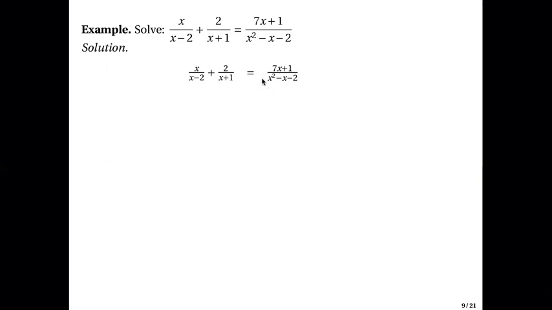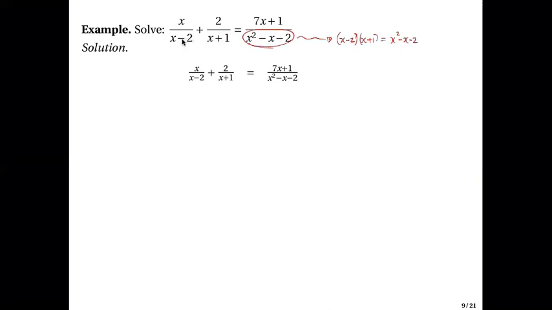Now, let us solve this. First, observe x squared minus x minus 2. So this guy here, you can factor this into x minus 2 times x plus 1. So x minus 2 times x plus 1 is equal to x squared minus x minus 2. Correct?